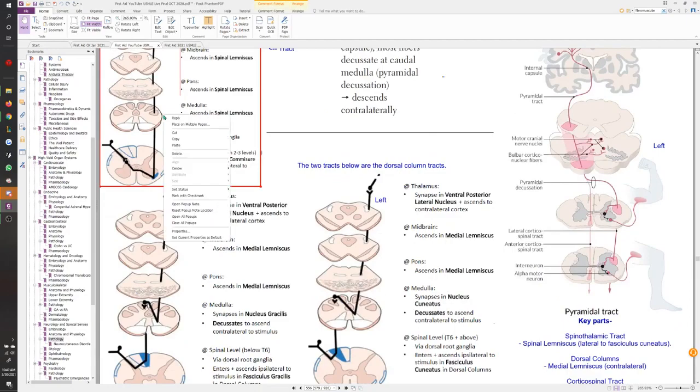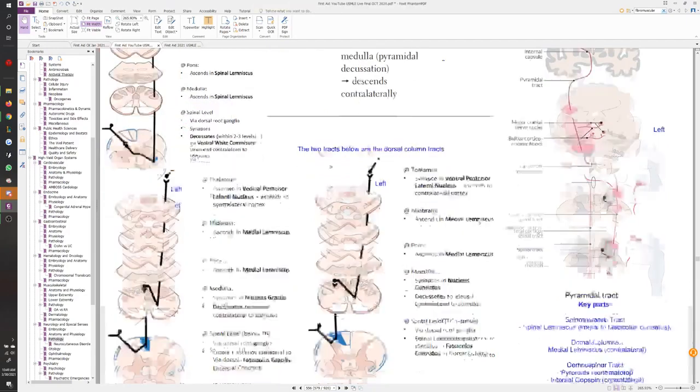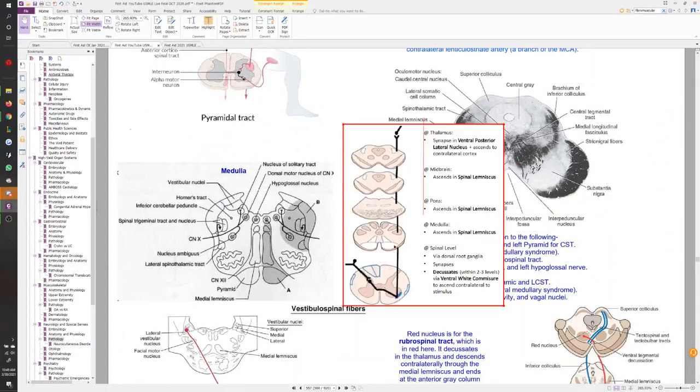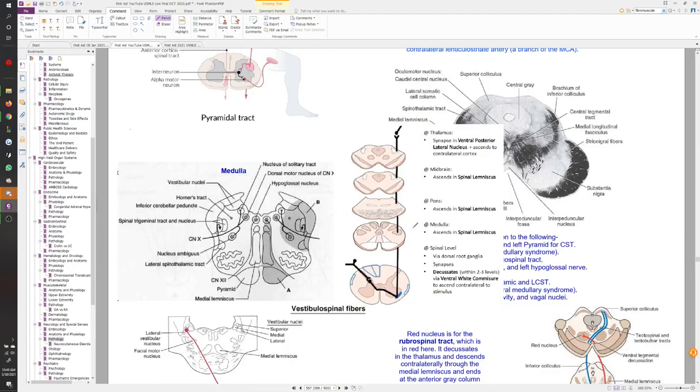So first we'll do this again. Let's get our spinothalamic tract and put it right here. This is our spinothalamic tract in the medulla, right? If you really focus, which of these two injuries, A or B, is actually messing up transmission of the spinothalamic tract?